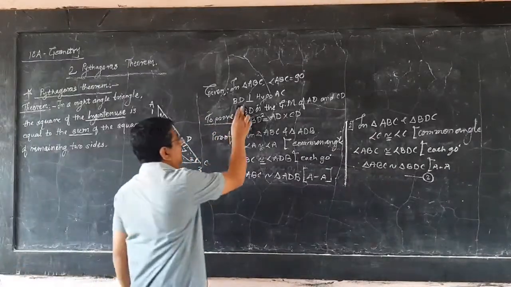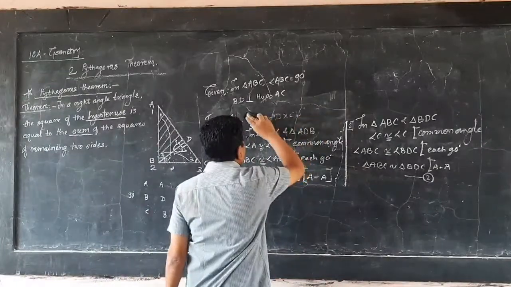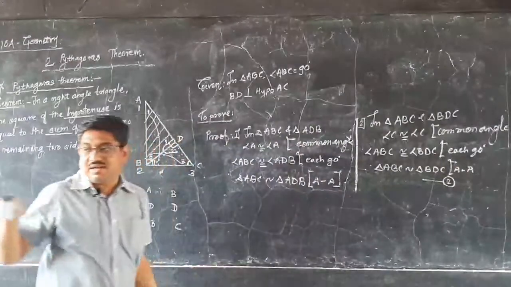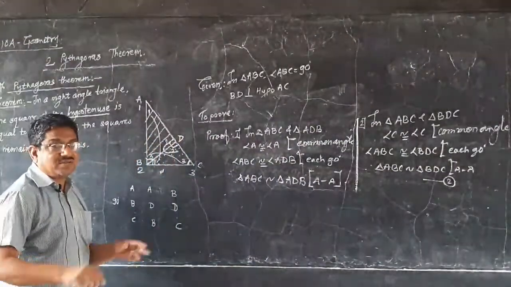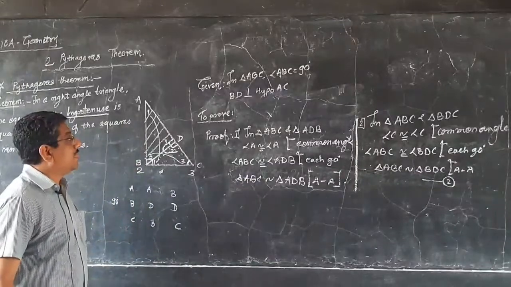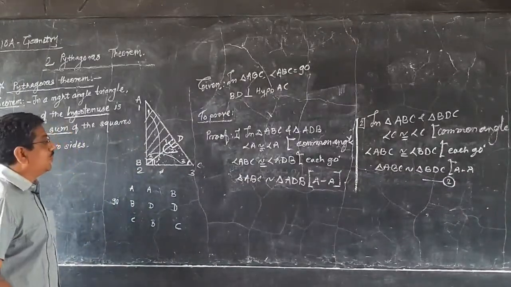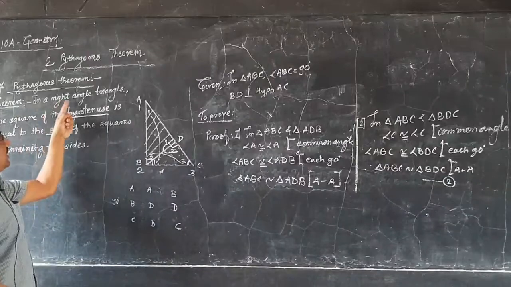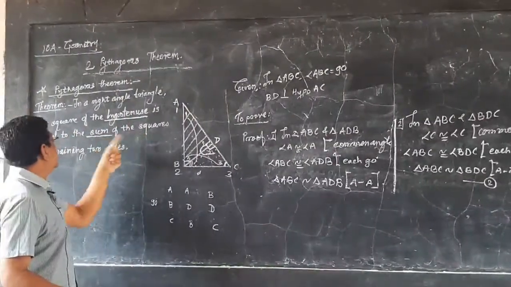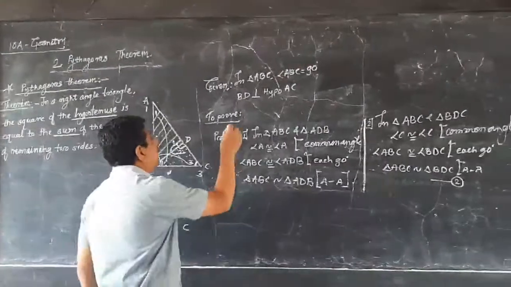Now BD is perpendicular to the hypotenuse. That is part of the construction in the figure. Now what is to prove? In a right angle triangle, the square of the hypotenuse is equal to the sum of the squares of the remaining two sides.